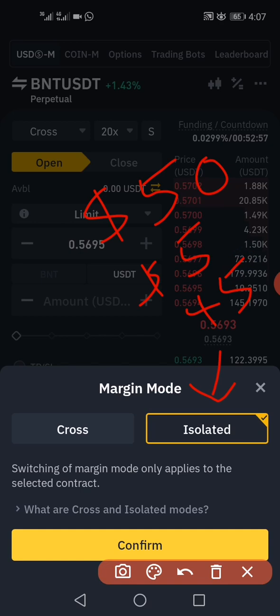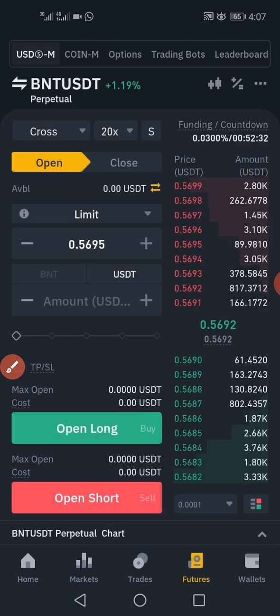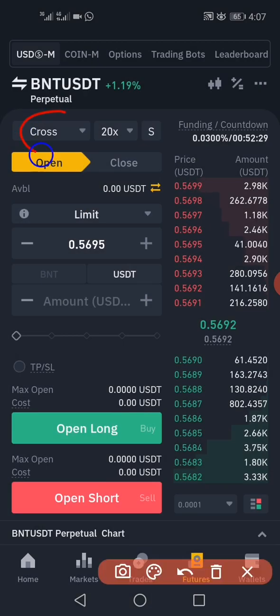Now that $5, I'm telling Binance that though I want to make profit from this $5, if the trade did not go my way, I'm only risking this $5. Take it. Don't touch any other money I have. Just take the five. That's what it means by isolated. So you know the difference between cross and isolated. That is the margin mode.